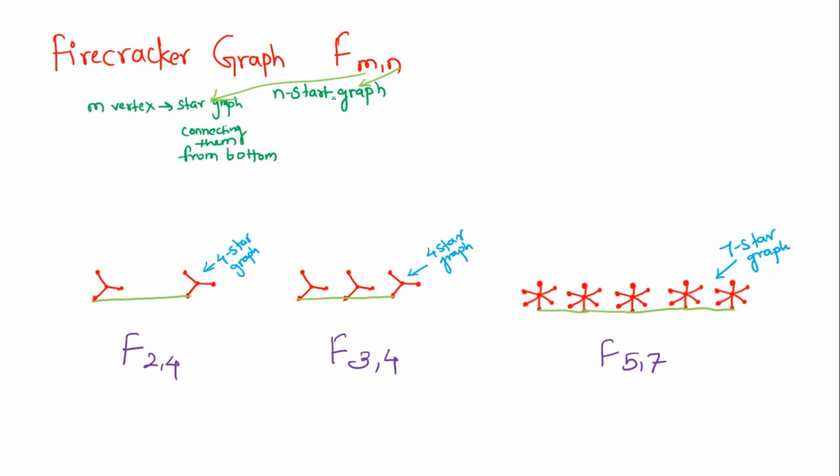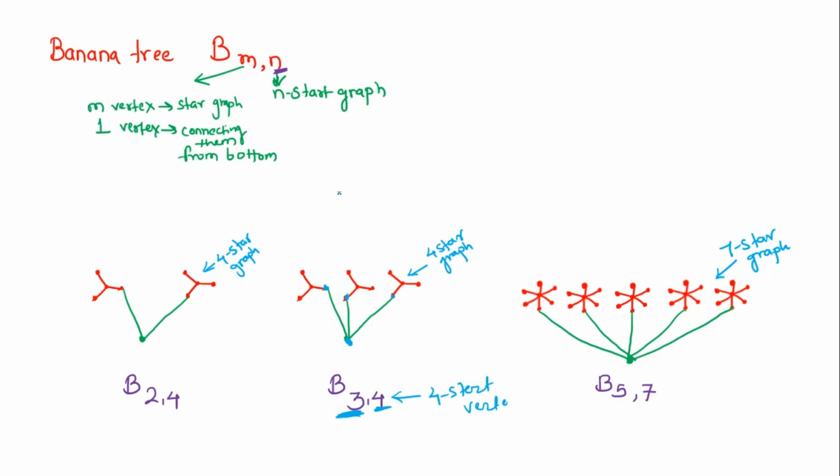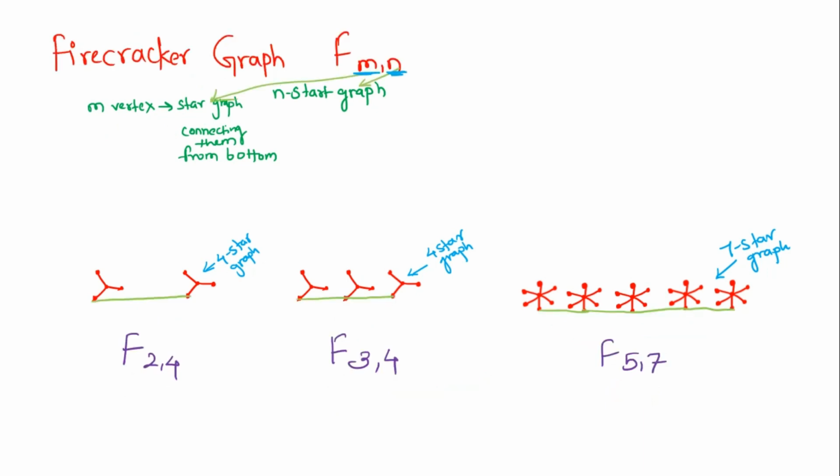Firecracker graph. The firecracker graph is another kind of star graph, represented by F m,n, where n is the size of your star graph. Instead of taking one additional node to connect all of these stars, what if we connect all of these stars using a common edge?